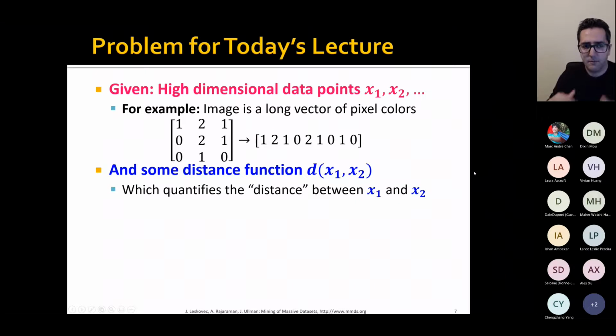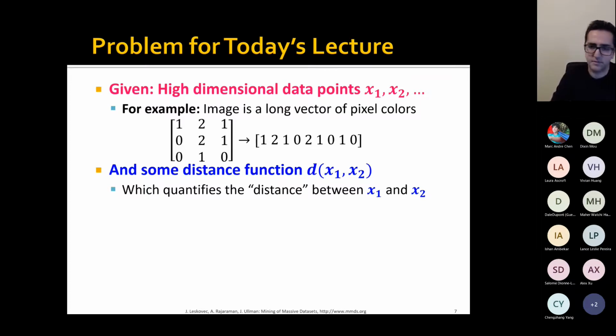Now, when we talk about similarity, we need to quantify it, right? What do you mean by two images are similar? Again, computers don't understand anything. You have to really give me a concrete method for quantifying how close they are. For now, let's suppose that we have a function d that takes two vectors or images, and it quantifies the distance between these two images, x1 and x2.